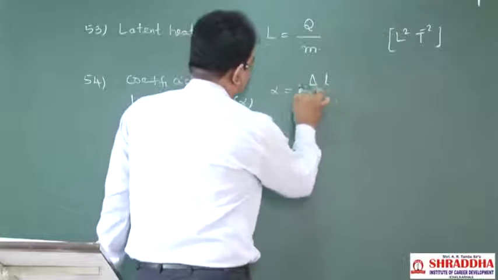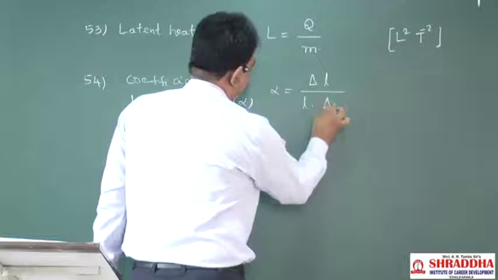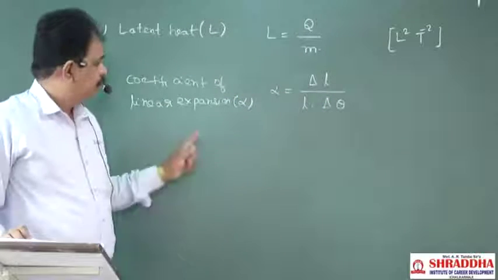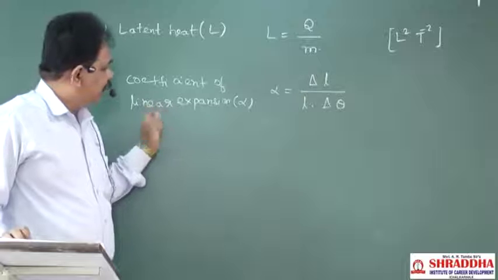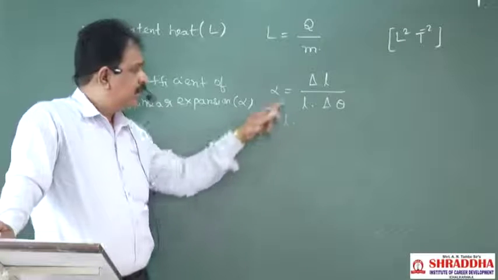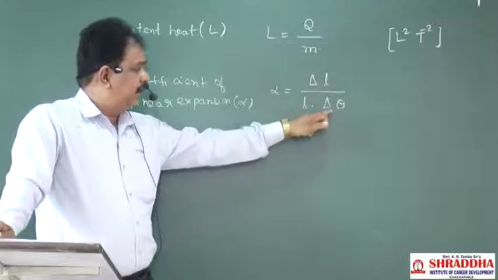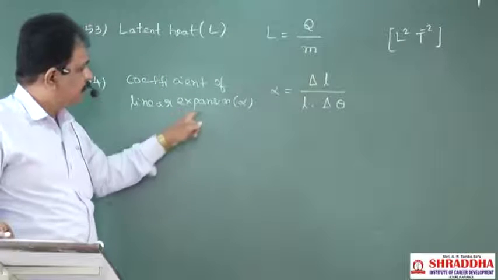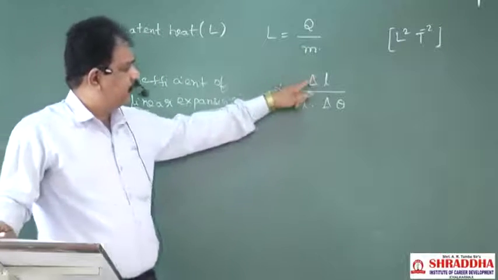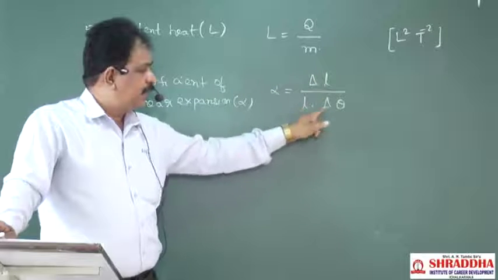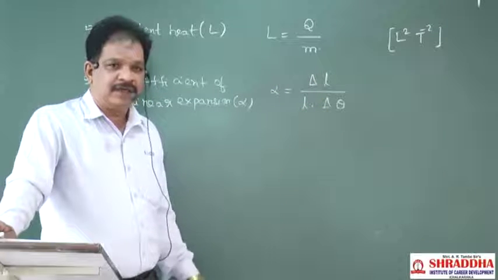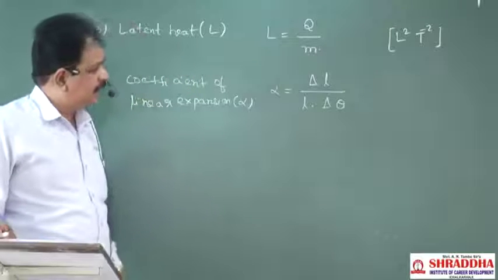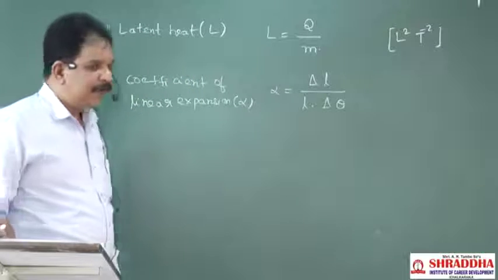Alpha is equal to delta L by L into delta theta. Coefficient of areal expansion, delta A by A into delta theta. Coefficient of volume expansion, gamma is equal to delta V by V into delta theta. Okay?